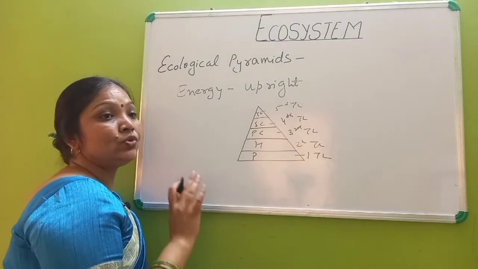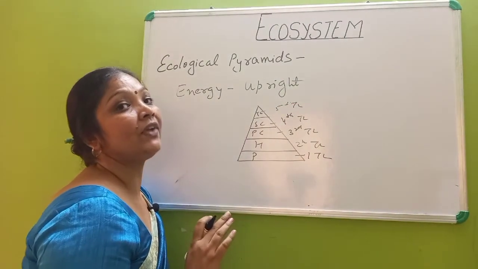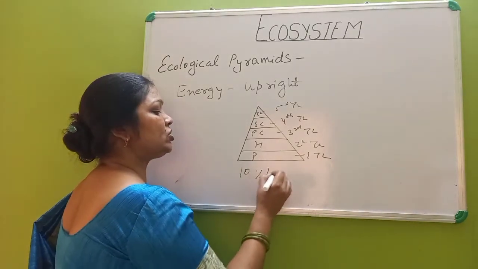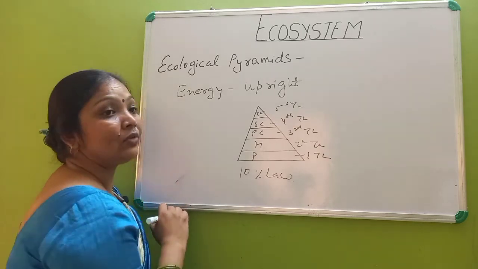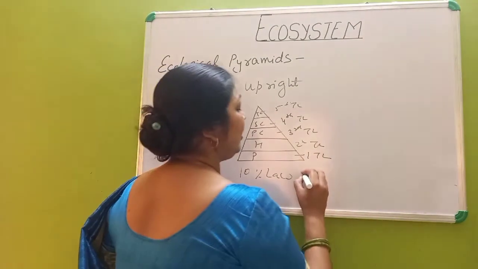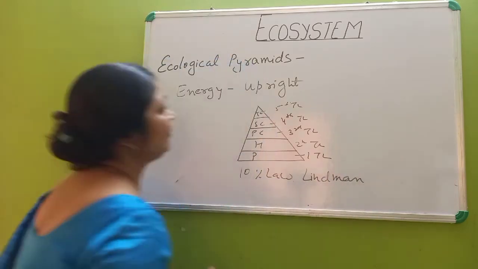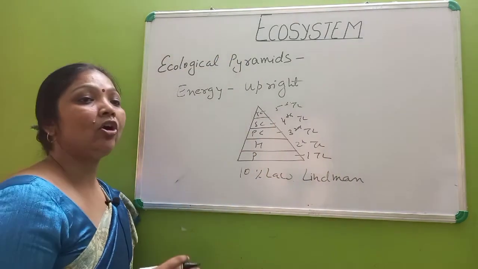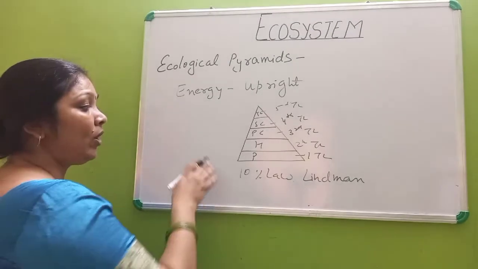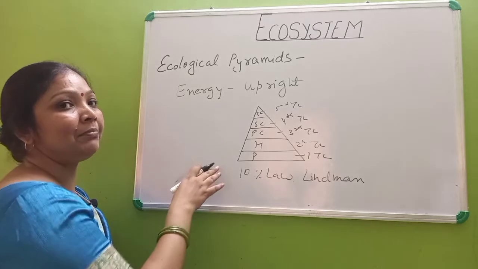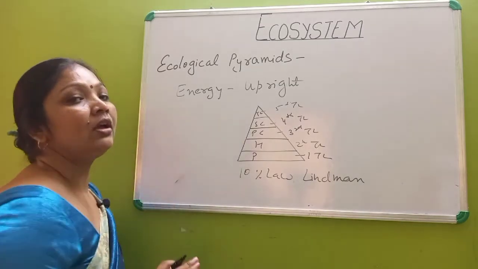And this is due to the law of energy transfer, that is the 10% law, that was given by Lindeman. Lindeman gave the 10% law, and according to this law, whatever energy is present at the producer level, only 10% of it is passed to the next level.